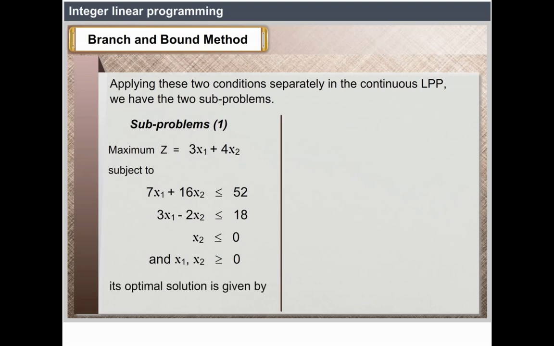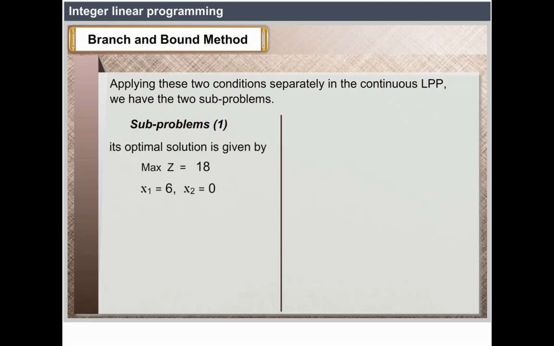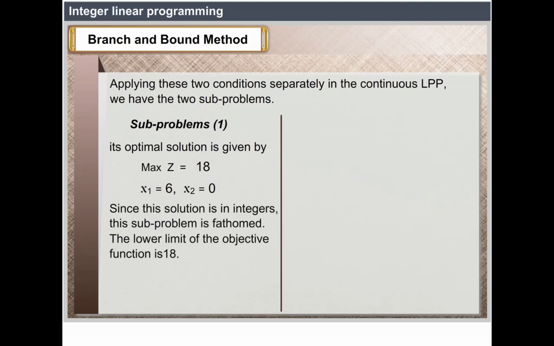Its optimal solution is given by maximum z = 18, x1 = 6, x2 = 0. Since this solution is in integers, this subproblem is fathomed. The lower limit of the objective function is 18.